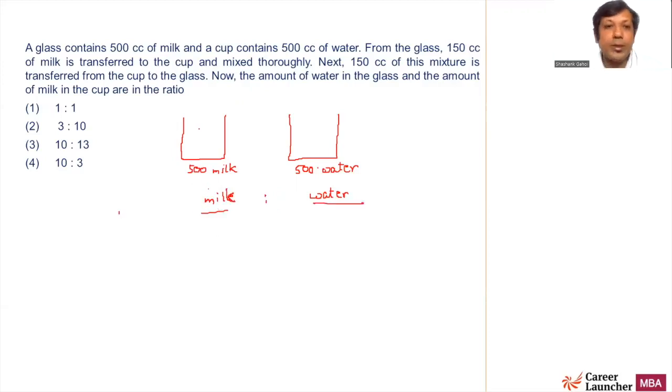First, what did I do? I transferred 150 from here to here. So in this case, this cup is going to have 150 milk and 500 water. This is the scenario over here. Now the ratio comes out to be 3:10.